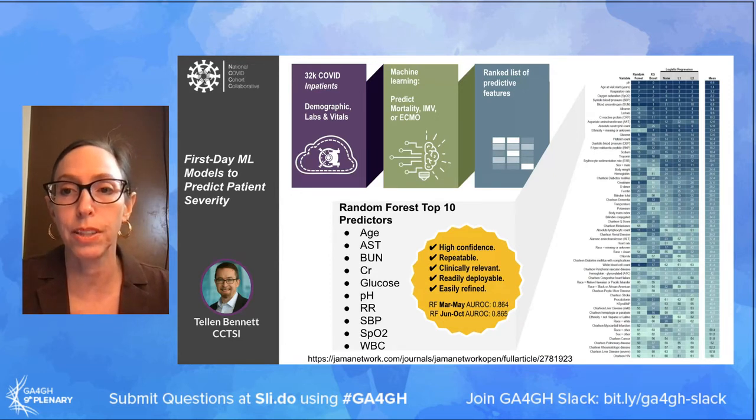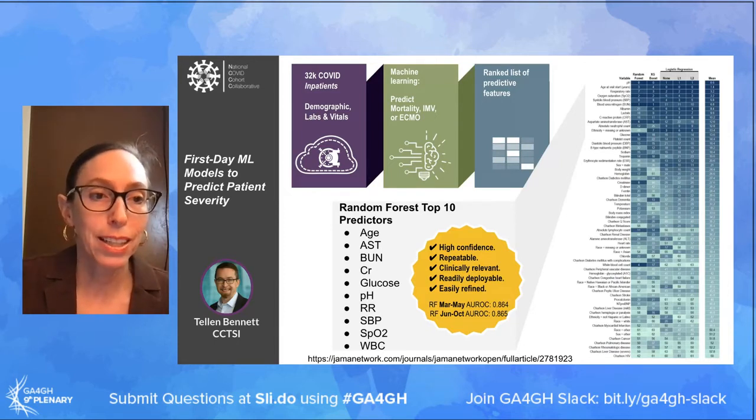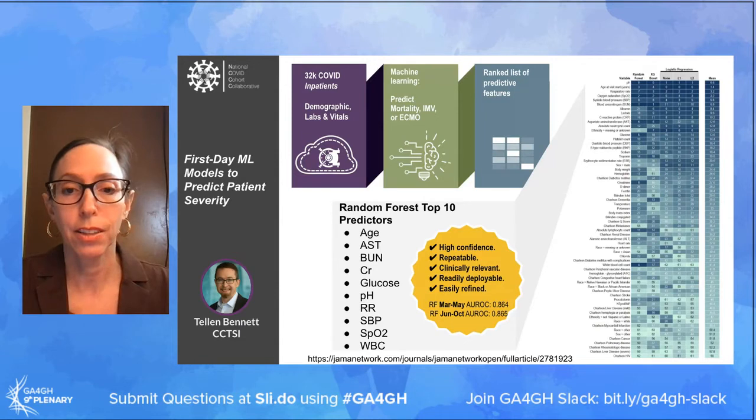One of the most exciting things is that the types of attributes that we found were most predictive of severe outcomes were things that could be collected in any average clinical setting, including in resource-poor environments. Things like age, glucose, pH. These are really easy-to-collect clinical values that are collected on the first day in almost every setting.